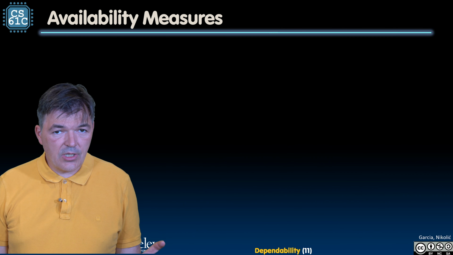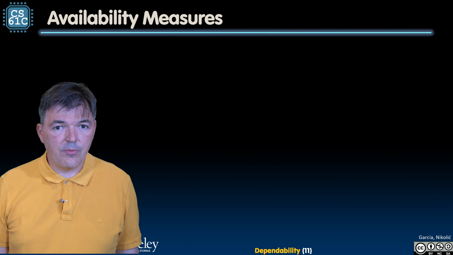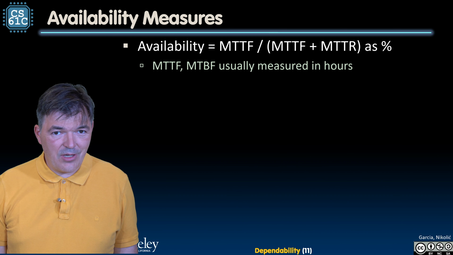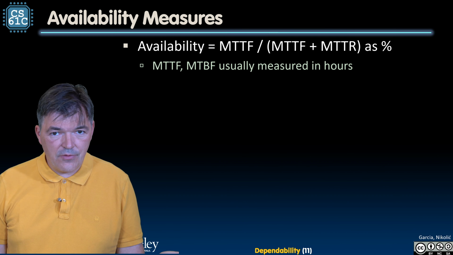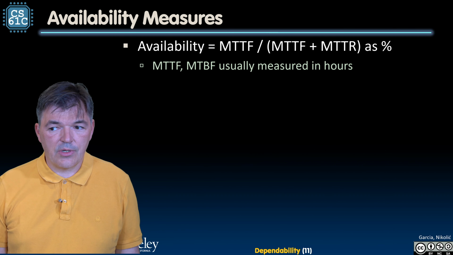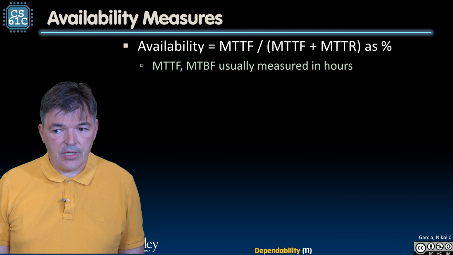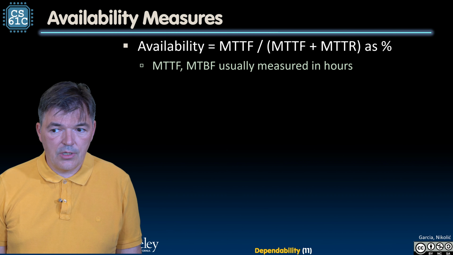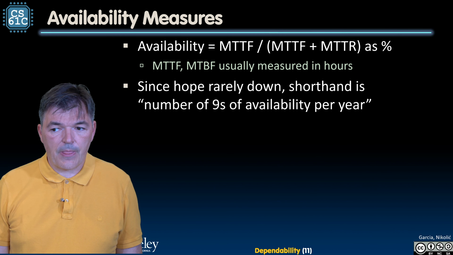The next thing that we would like to define are these availability measures or availability metrics. Availability, as we have defined it already, is the ratio of mean time to failure divided by the sum of mean time to failure and the mean time to repair. But it is generally expressed as a percentage of time, and both mean time to failure and mean time between failures are measured in hours.